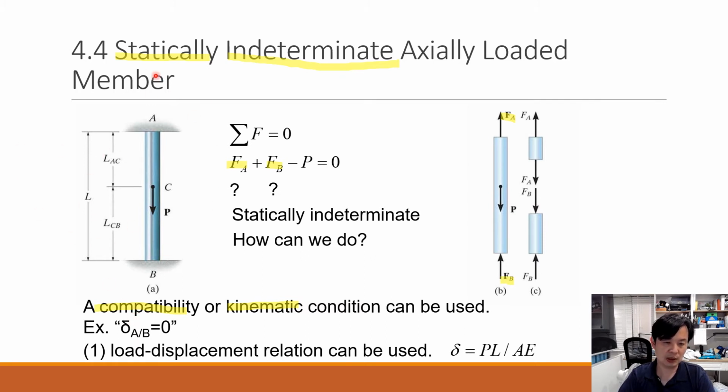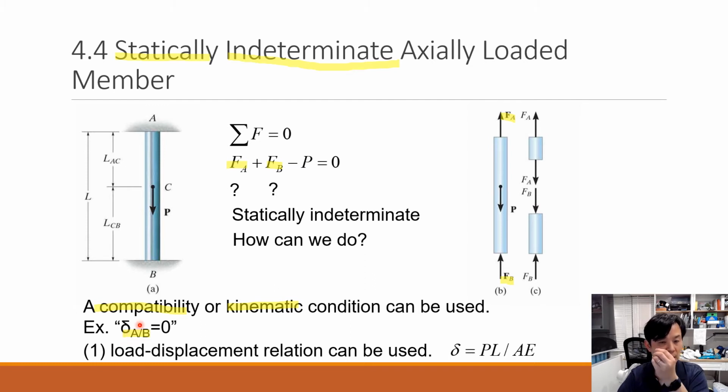In the upper case, we can use delta A over B equal to 0. What's the meaning of delta A over B? It means with respect to B, the displacement of A should be 0. Based on the description, you know that there's no description related to force in this case. Actually, it's related to displacement, which means it's related to geometry, deformation.